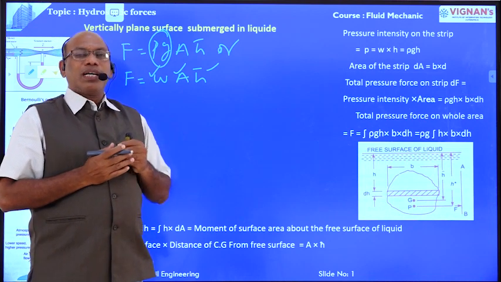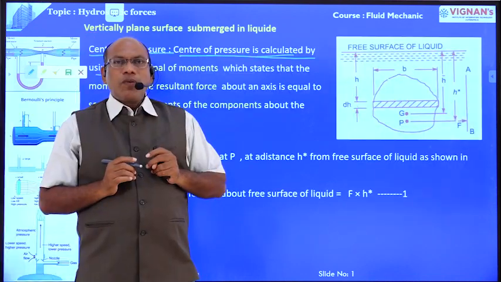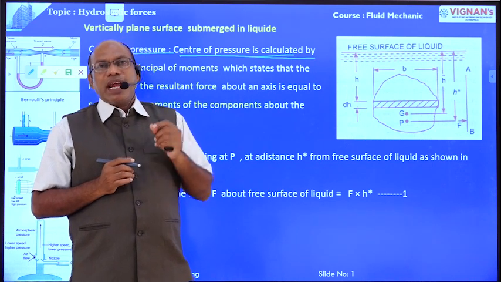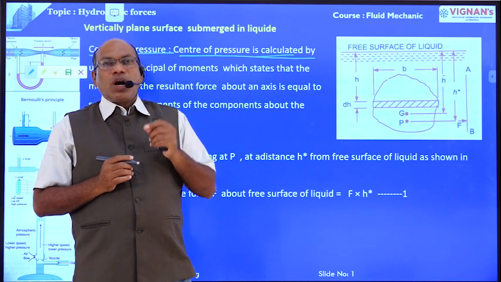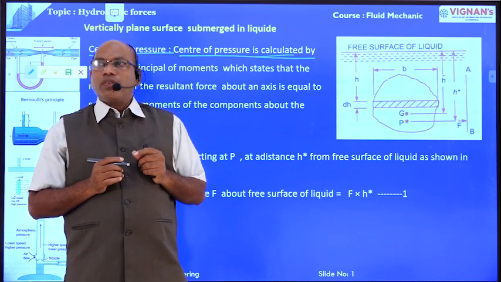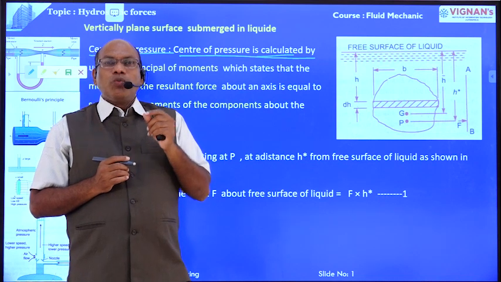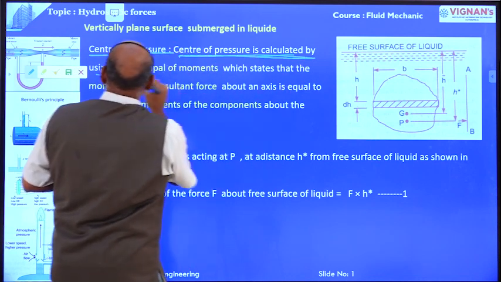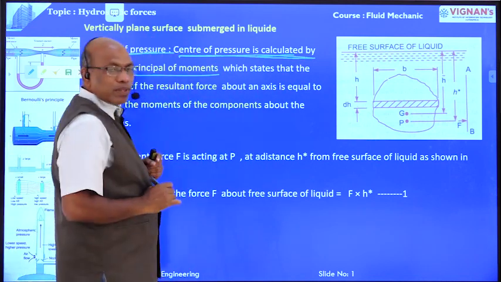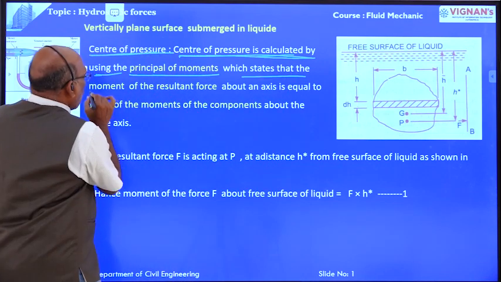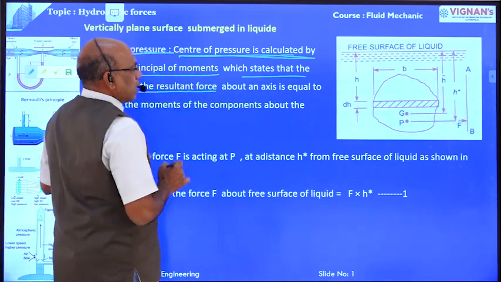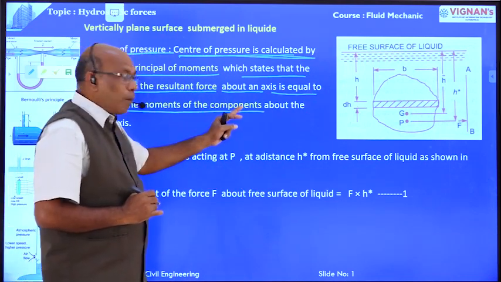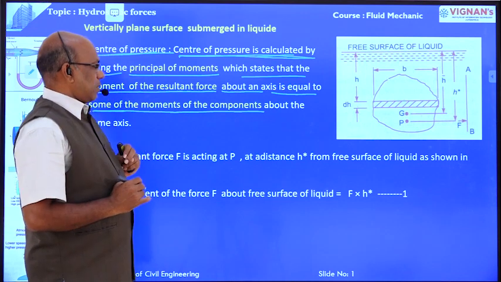Now we are going to determine the center of pressure. Center of pressure is calculated using the principle of moments. It states that the moment of the resultant force about an axis is equal to the sum of the moments of the components about the same axis.